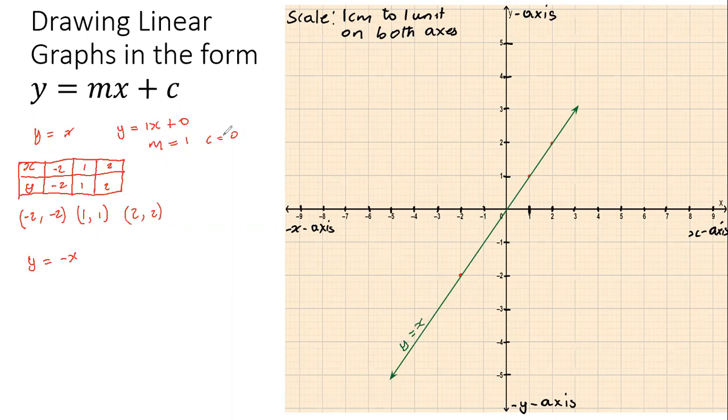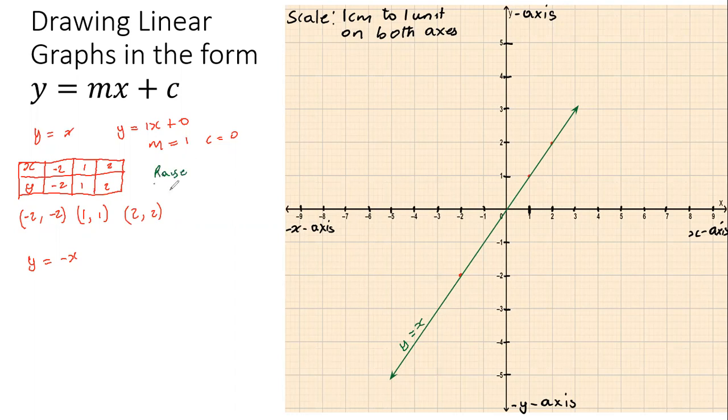So we said that c was the y-intercept. The line passes through, intersects the y-axis at 0. Right. As you can see, 1 is the gradient. Right. And note that gradient is the same thing as what we call the rise over the run, right?